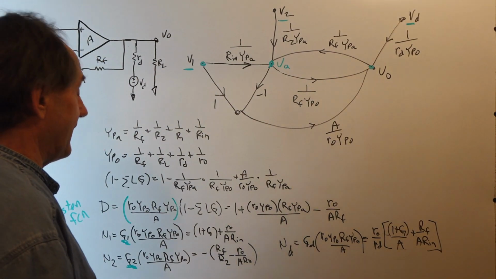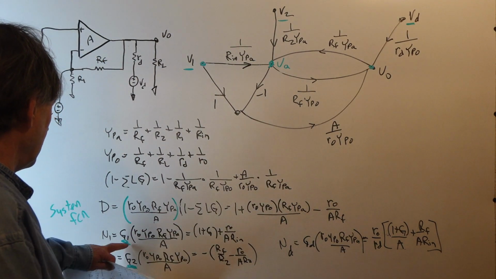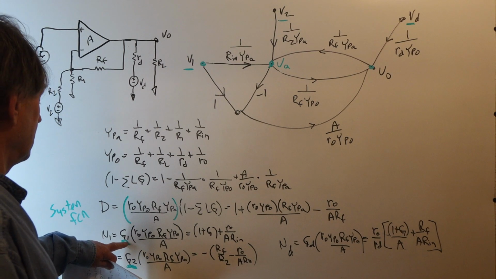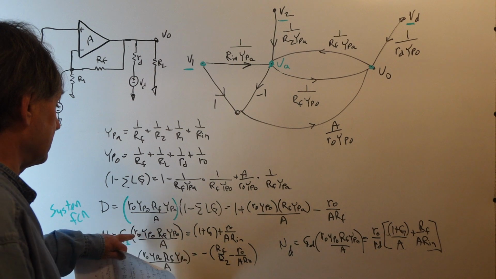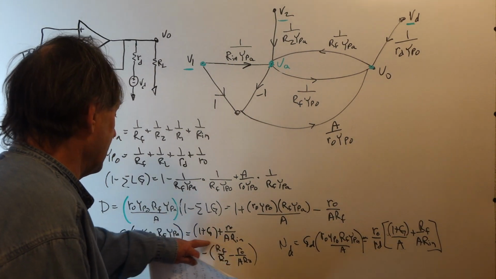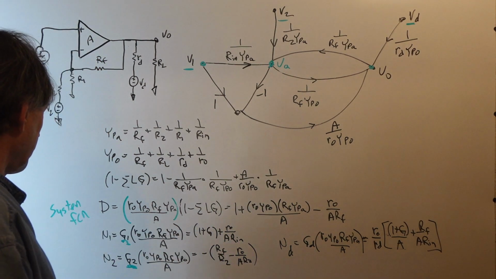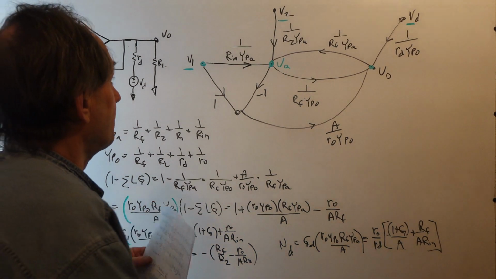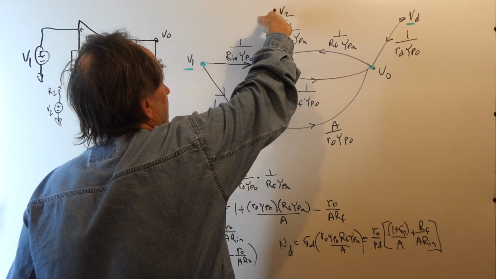So there are 3 paths to add, and that will give us our gain, G1. And then you multiply it by this same factor, and if you perform those operations, you'll get this value for our numerator polynomial.